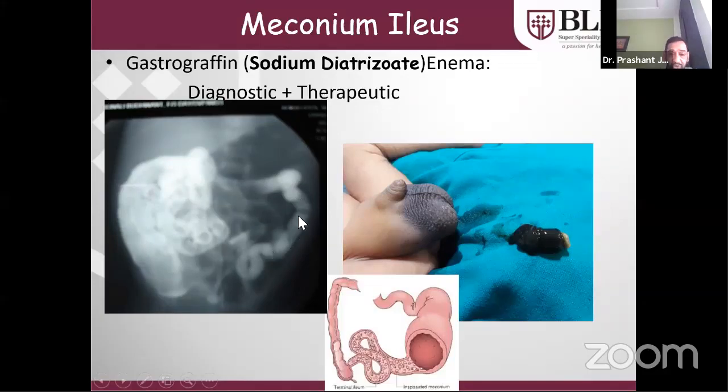You can see the collapsed colon, which can be called a microcolon. This is the transverse colon, and this is the ileum which is impacted with the meconium. And after 1 or 2 trials of gastrographin enema, the child started passing thick meconium plugs, and the child got relieved.